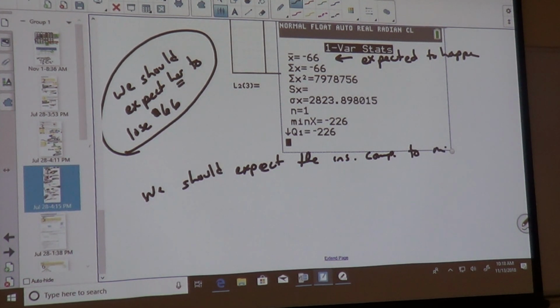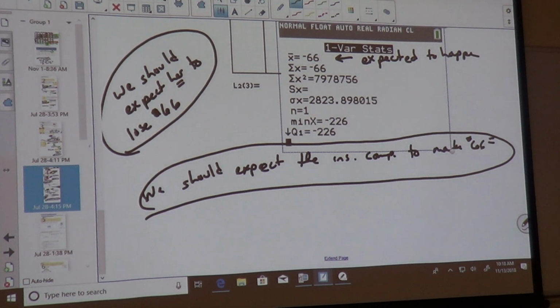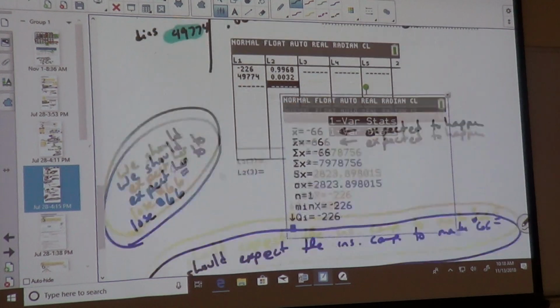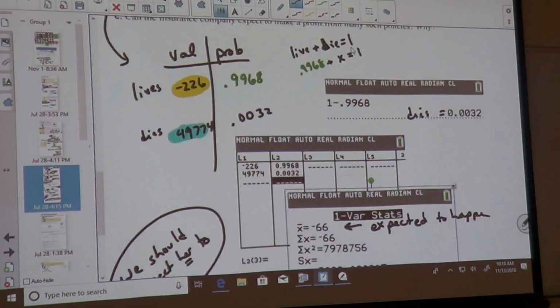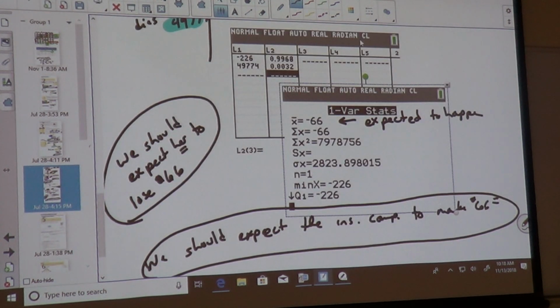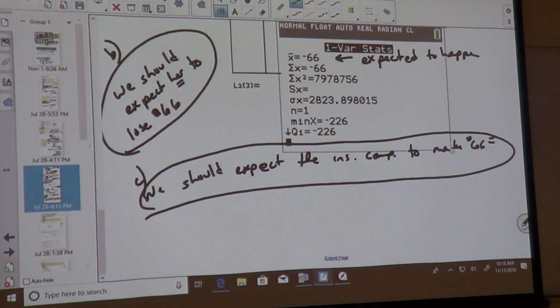They're going to make or earn $66. Because the insurance company is in business to make money. And the last question says, can the insurance company expect to make a profit? So this was part B, and this was part C. If the customer's losing money, that means the business is making money. Cool? That wasn't that bad, was it?